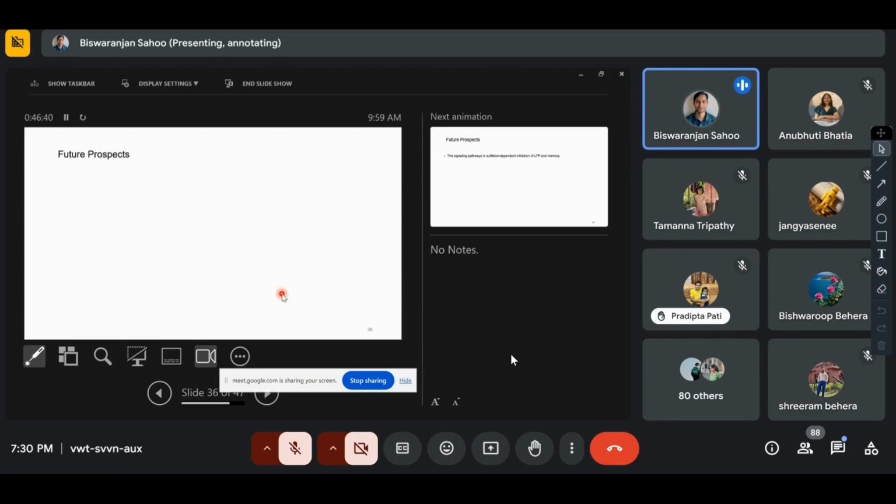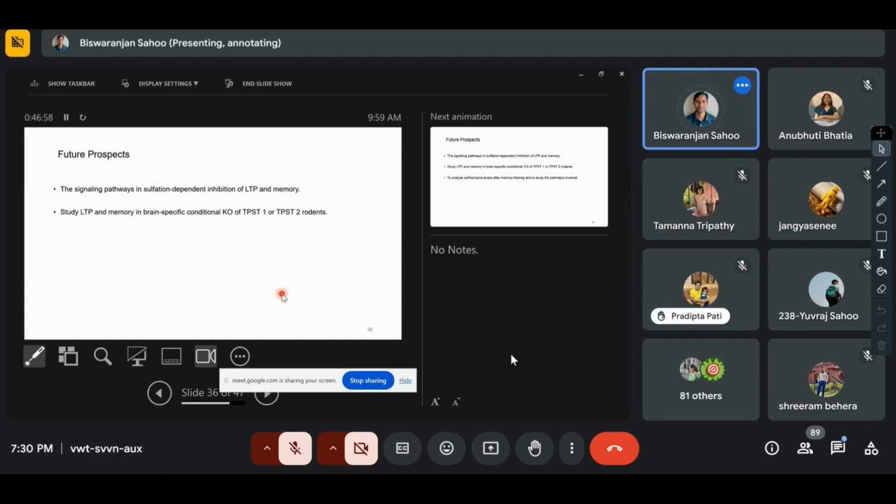Now the future prospects. It will be very interesting to see the signaling pathways in the sulfation dependent inhibition of LTP: which pathway this inhibitor is acting on, and how it impairs both LTP and memory. Also to study LTP and memory especially in the TPST1 and 2 enzymes.